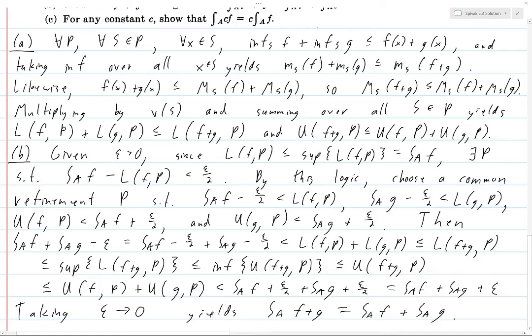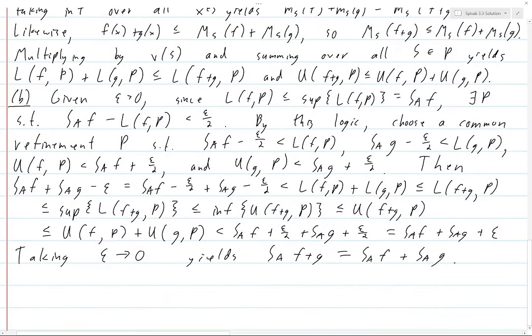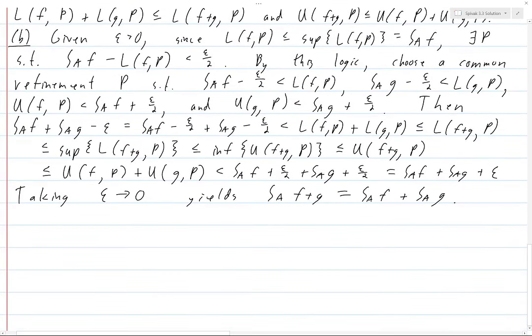So that's B, and then C is proving that if you have a constant, you can pull it out front. So let's just do that.